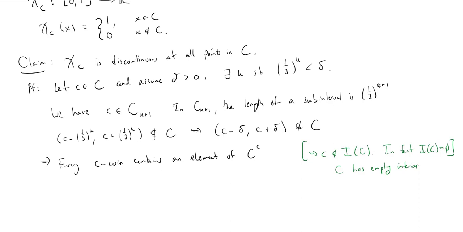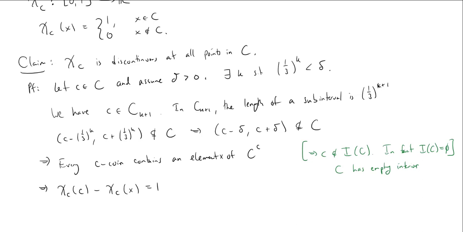So we said every c-coin must contain an element of the complement. Okay, so if I write down any c-coin and I apply the indicator function, let's say this element was an element x of the complement. Then if I apply the indicator function to c first, and then to x, when I apply it to c, I get 1.